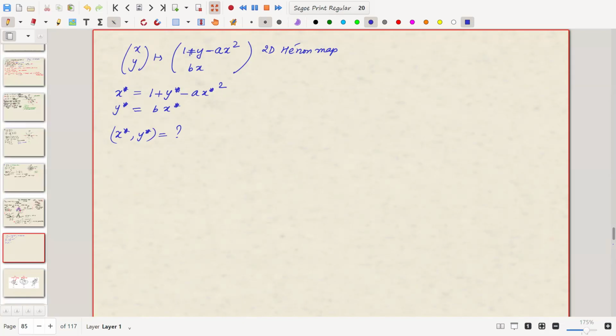Tell me the value. Substitute the value like Mr. Bhanu suggested, and try to do that. Just from seeing this, can you tell me how many roots you will get? 2 roots. So there will be 2 fixed points.